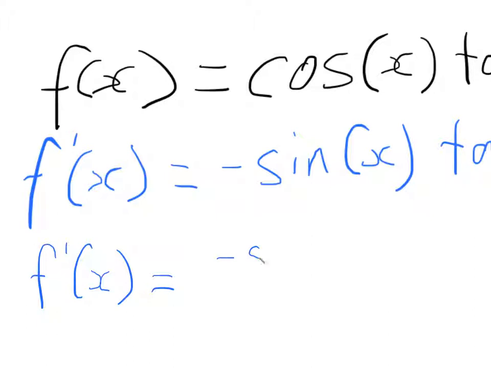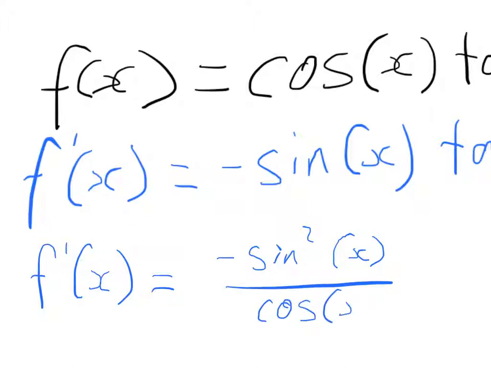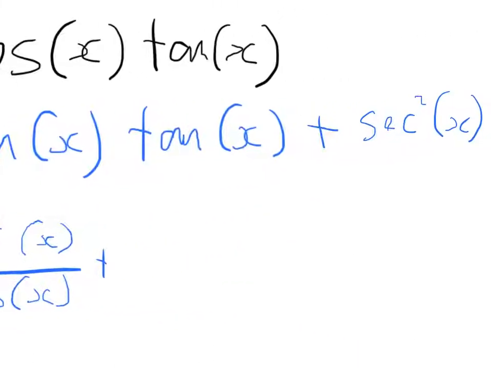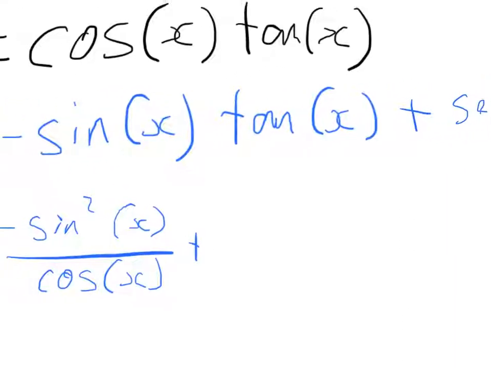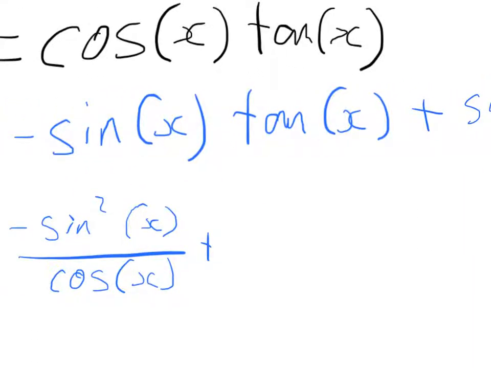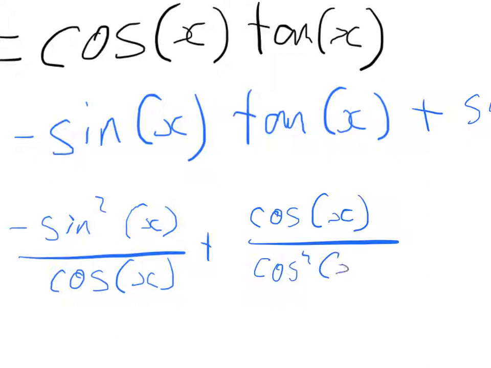So we get negative sine squared x over cos x, plus, and then we use the fact that secant squared is 1 over cos squared, cos x over cos squared x.